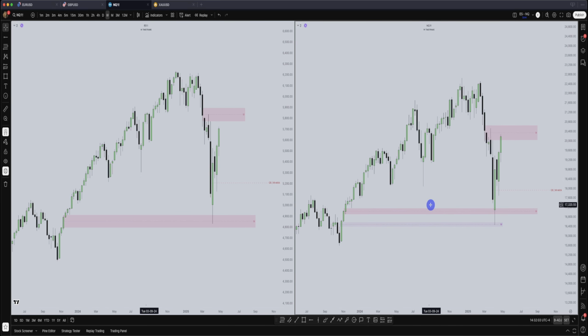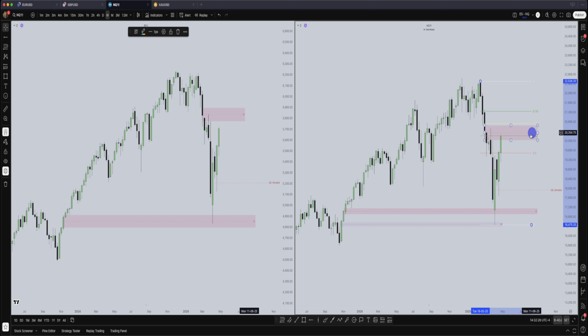Obviously, price broke structure, a huge break of structure. What the price is doing now is retracing. Price now is in the premium area.